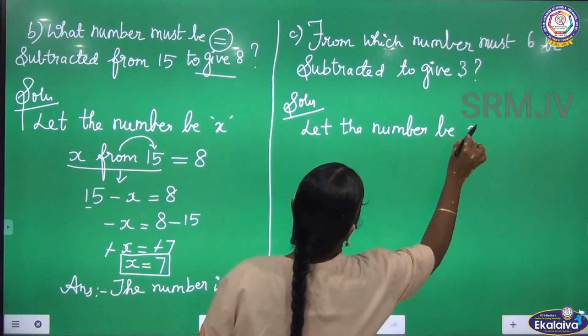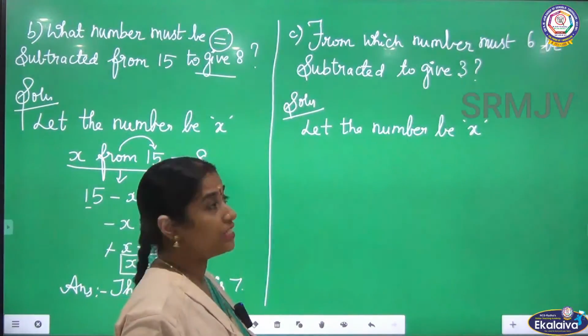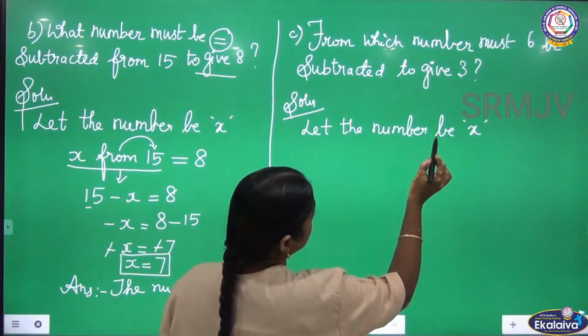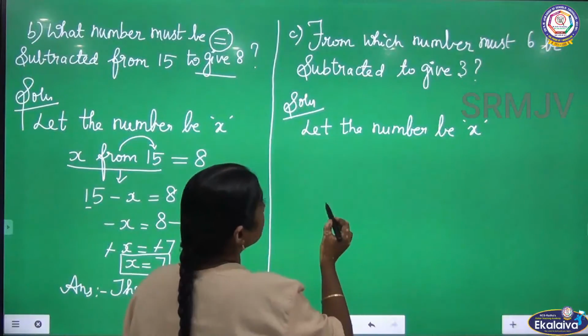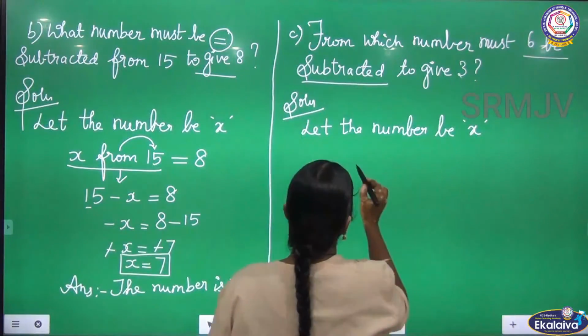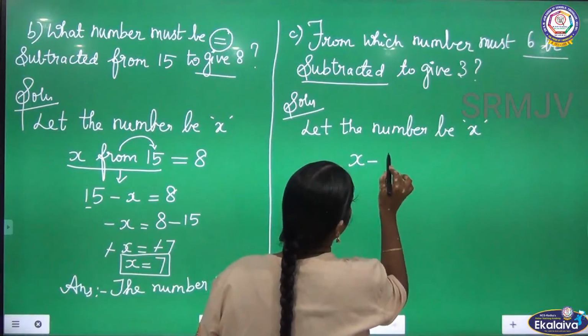According to the question, I am going to frame the equation. From which number must 6 be subtracted? I don't know the number, I am assuming it is x. Subtracted 6 means what? Minus 6.